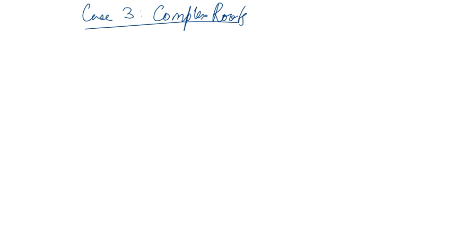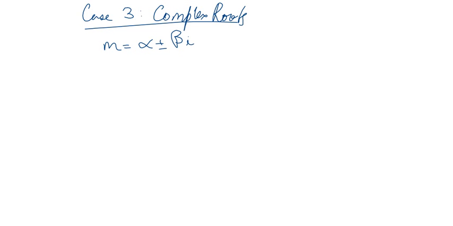So the final case, which is case number 3, that of complex roots. So let's say we have the value of m in the form of alpha plus minus beta i.